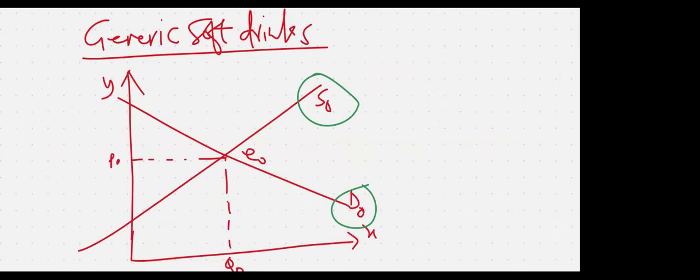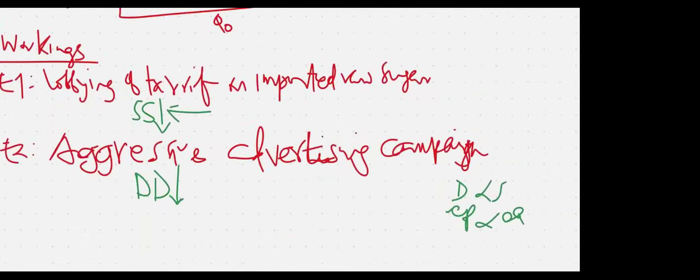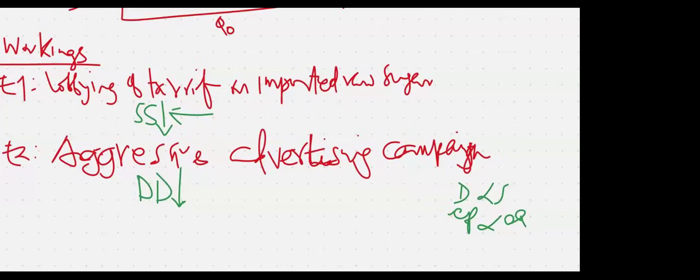Okay, so let's continue. If it would decrease demand, which direction will the demand curve shift to? Will it shift to the left, that is, will it decrease, or will it shift to the right, will it increase? Will it decrease or increase?